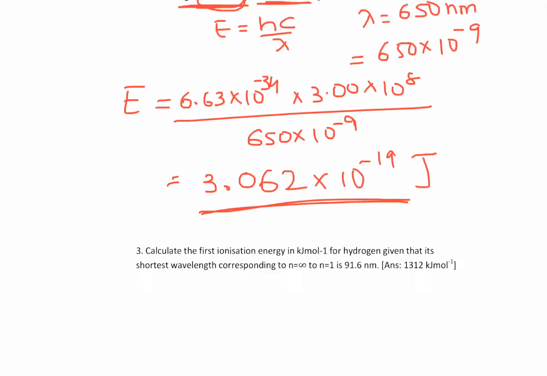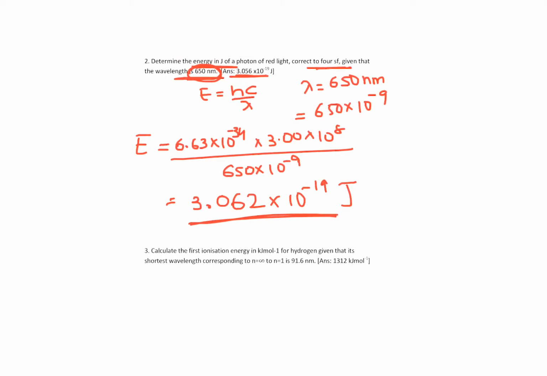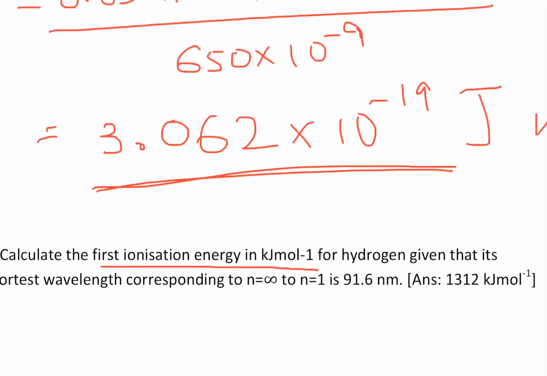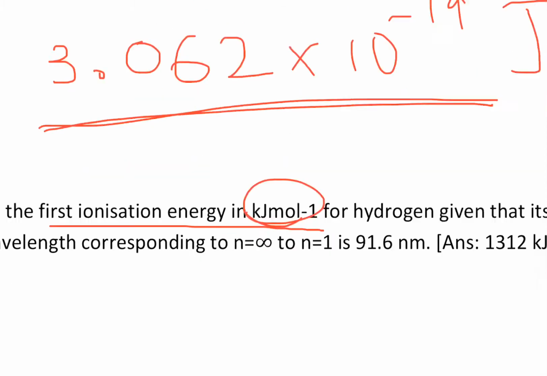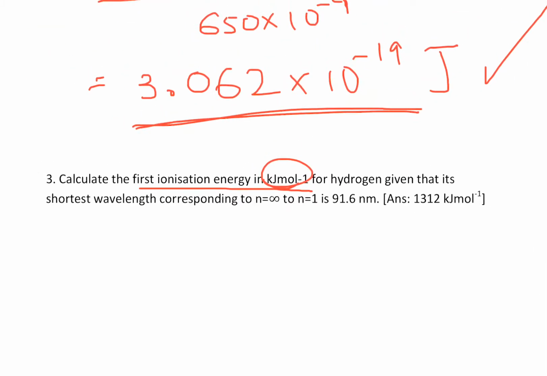The last question. So the last question asks you to find the first ionization energy in kilojoules per mole. So in this question, energy was asked in joules, that I got in joules. Now I want it in kilojoules per mole. Given that the wavelength corresponding to this is 91.6 nanometers.